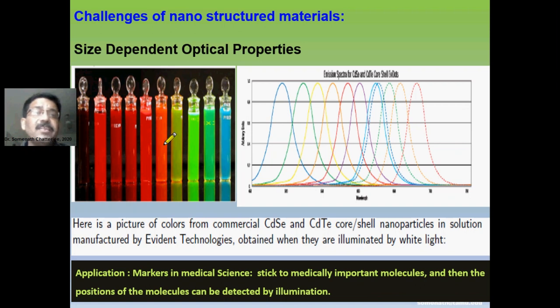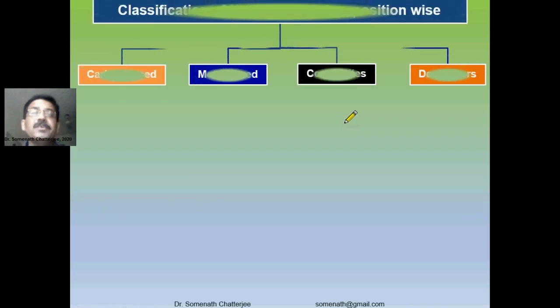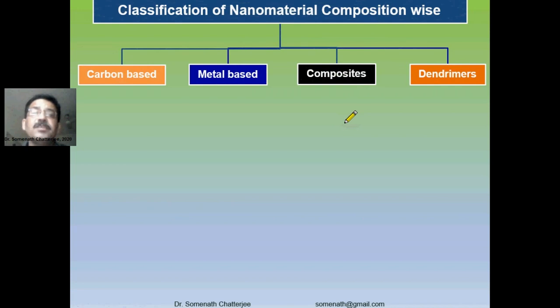We can get purple, green, blue, any kind of color based on the size. Here the different sizes of gold nanoparticles are shown, and when we do the optical analysis, we can get different absorption peaks.